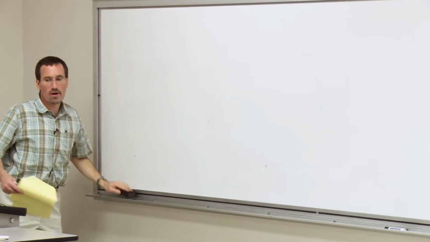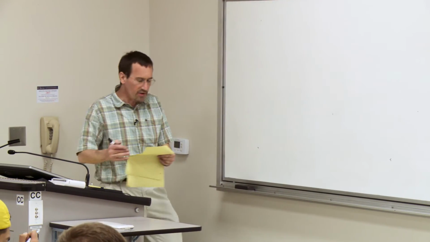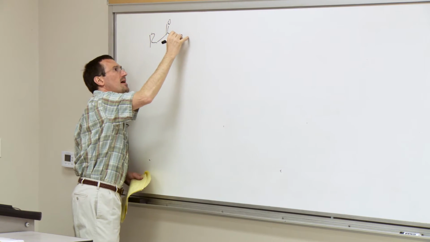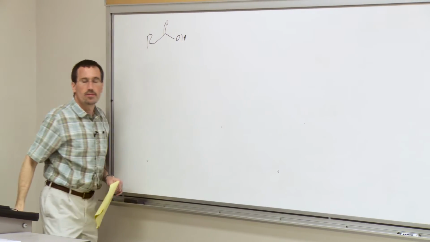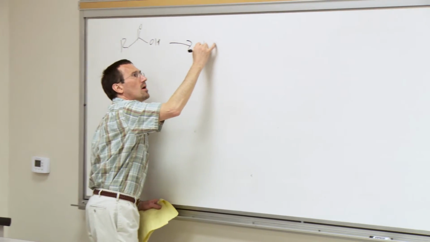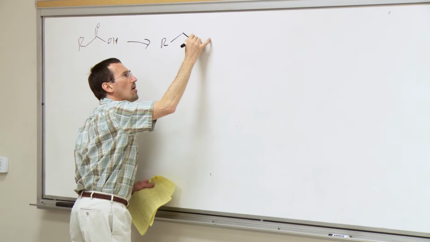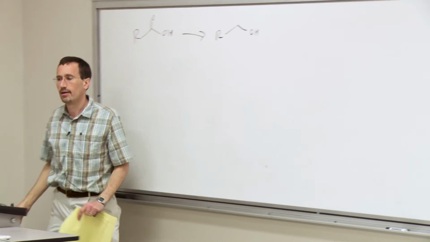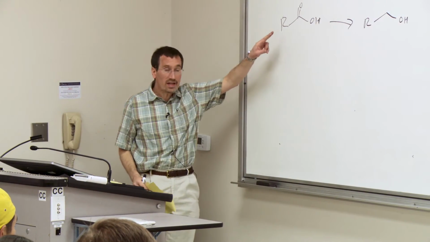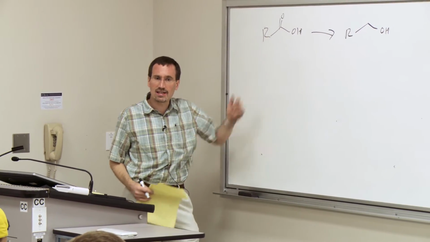All right, so by way of contrast, let's go ahead and start with our carboxylic acid. But now let's say we want to go to a primary alcohol. Here we clearly are changing oxidation state.